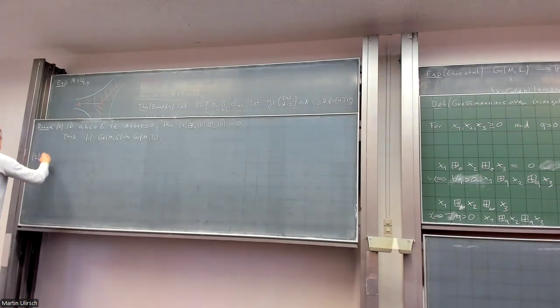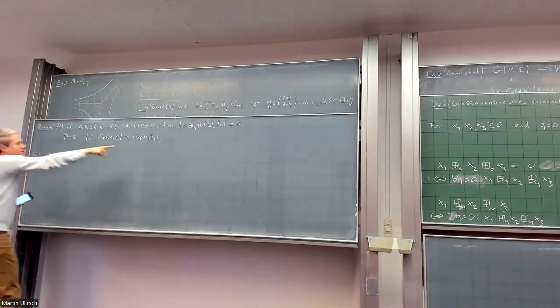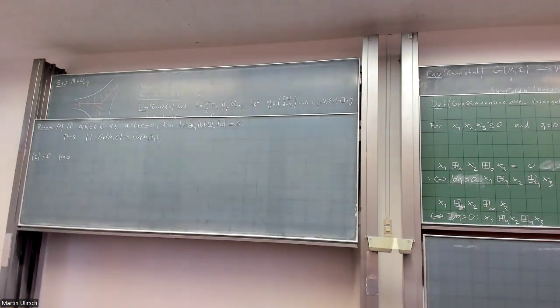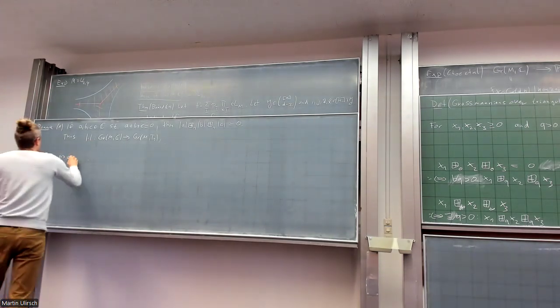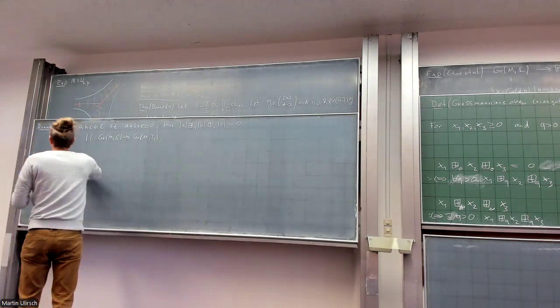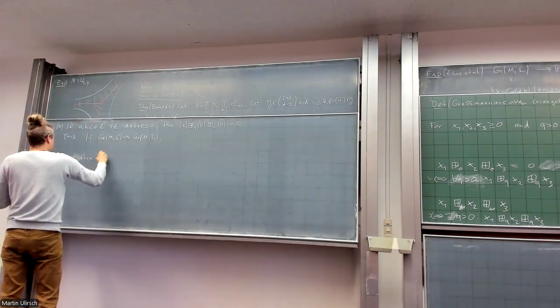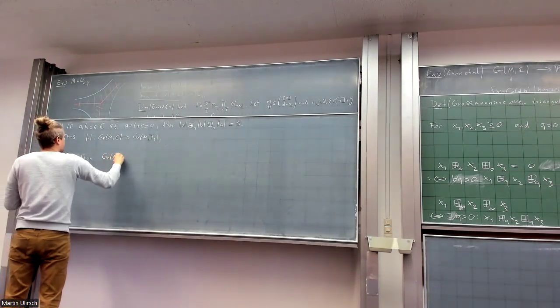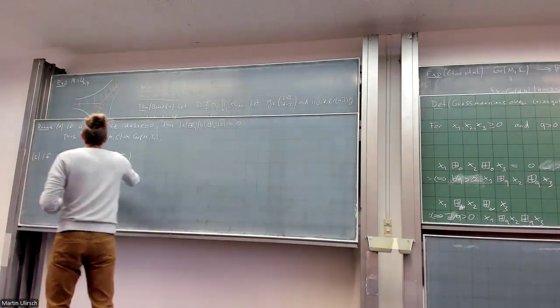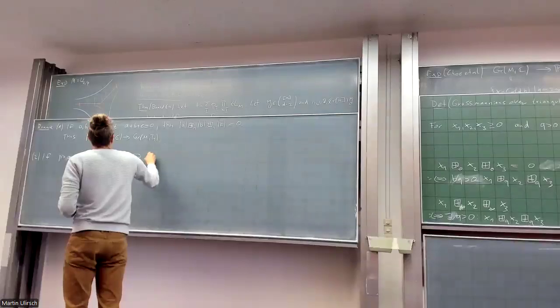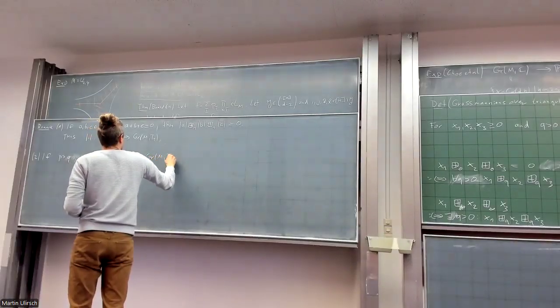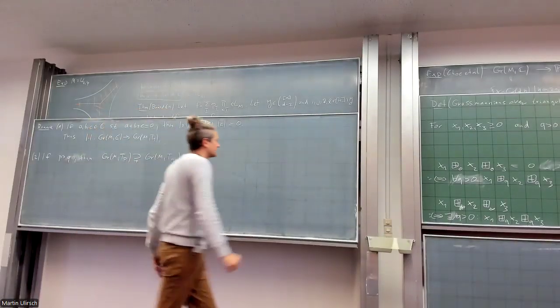Because these Grassmannians over T_Q get smaller and smaller the smaller Q is getting. So if P is greater than Q, then this is contained.